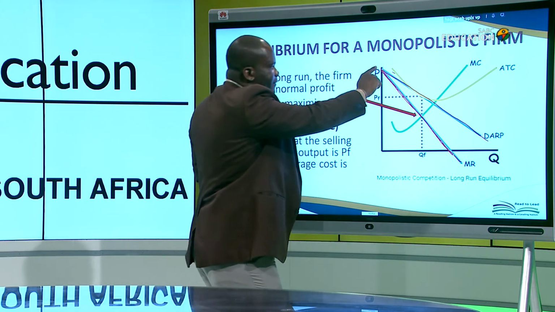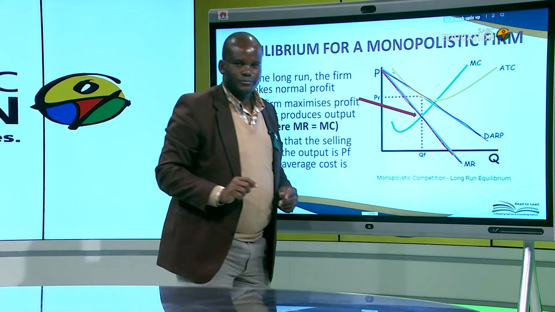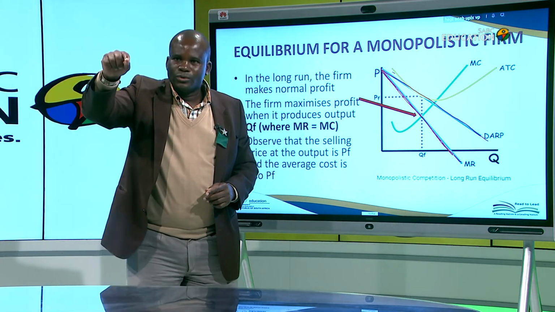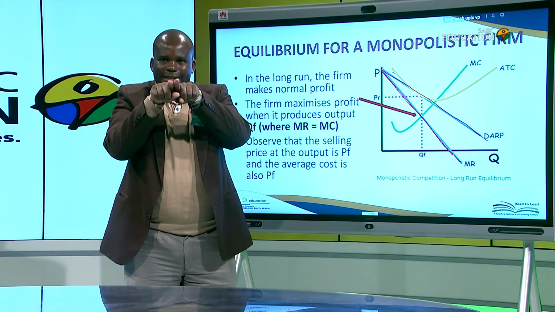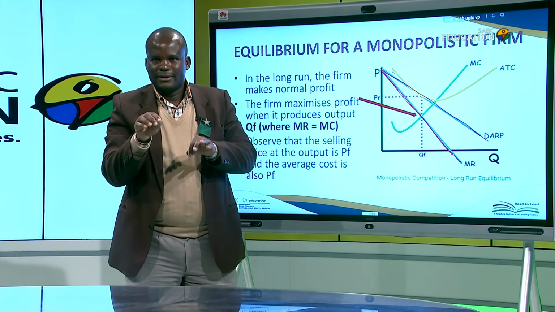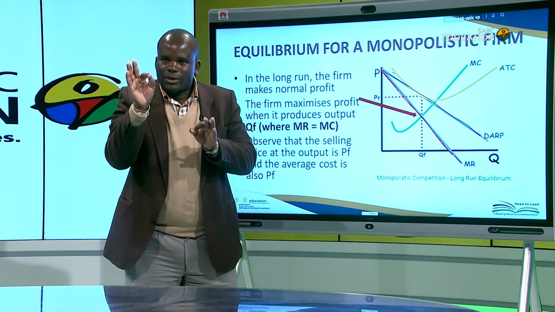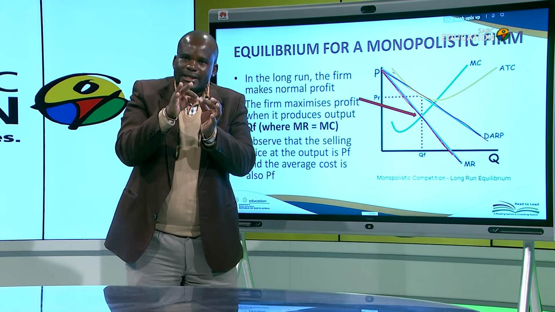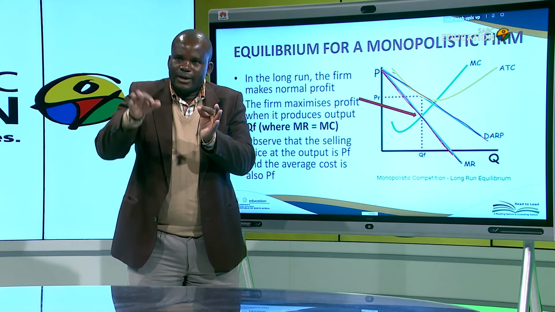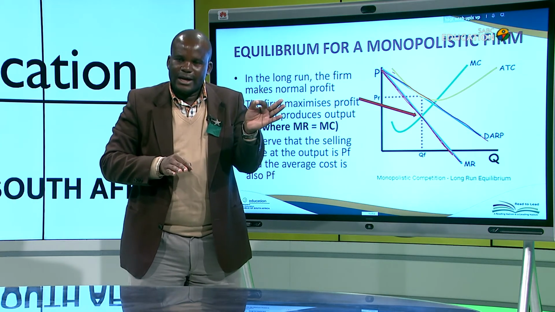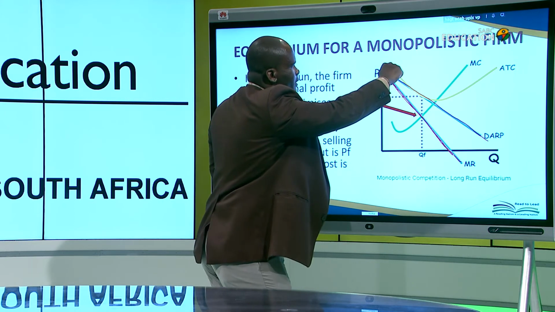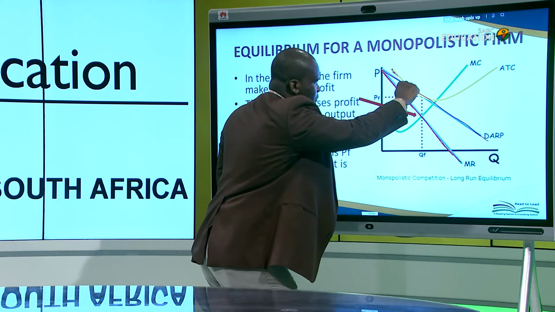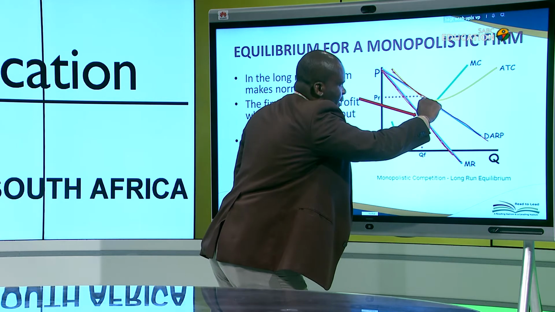Now, we already have our average revenue curve here. We are now going to draw an average cost curve that forms a tangent, or that touches the AR, to show that at that point where they are touching each other, average revenue and average cost are equal. So this is the situation. This is our AC, but it touches the AR here.